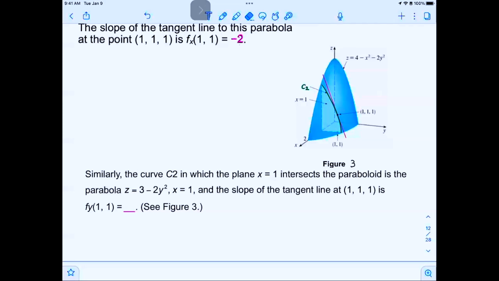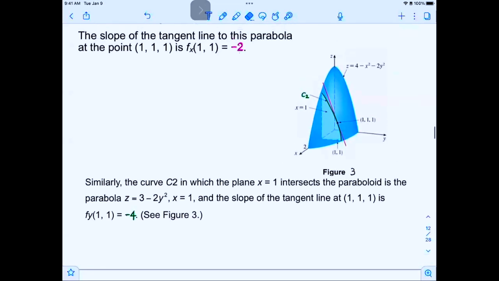What's the slope of the tangent of this curve at this point (1, 1)? What's the slope of this tangent? Negative 4, yes. So that will be negative 4, okay. So think about partial derivatives as the slope of the tangent of those C1, C2, those intersecting curves.